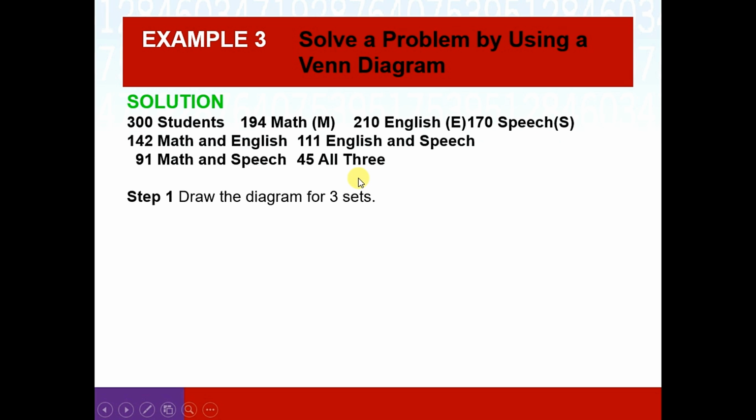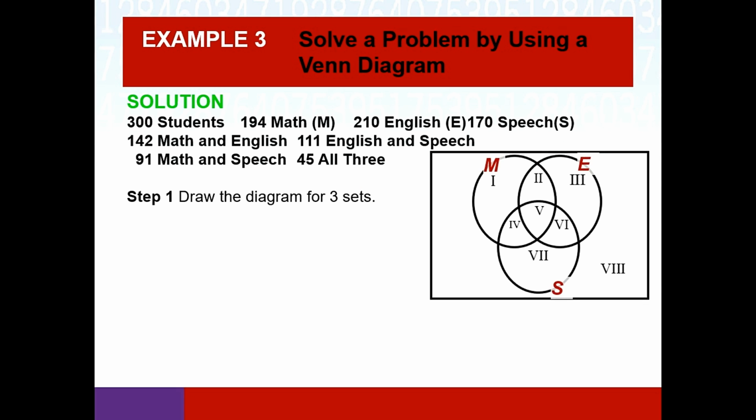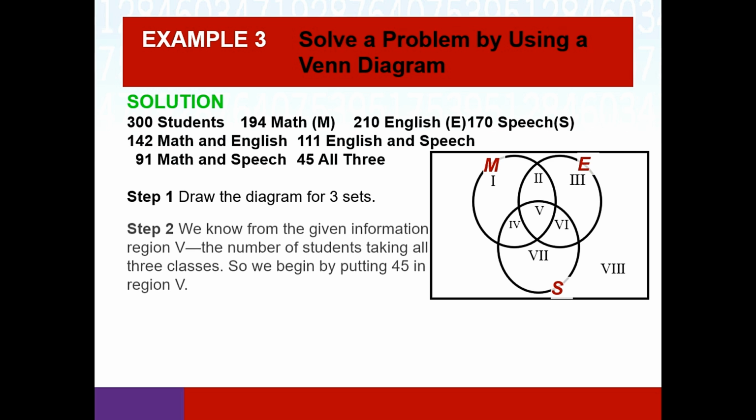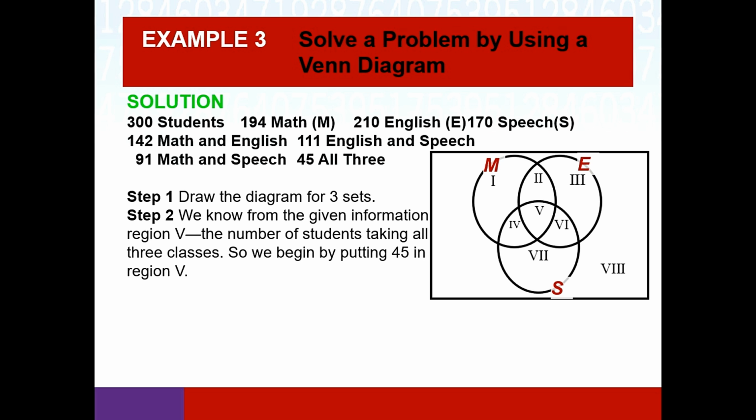So first we will draw our three sets that represent M for math, E for English, and S for speech. Now, step 2, we will start in the middle of our region, which is region 5. Since this is the intersection of the three sets, we will put 45 in this region.